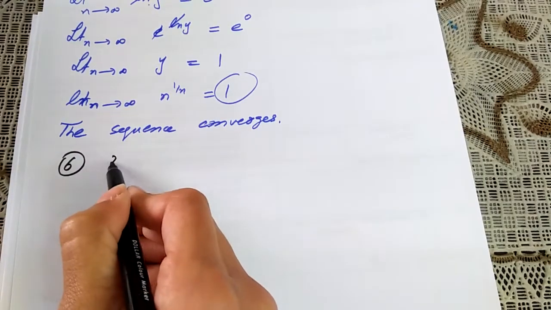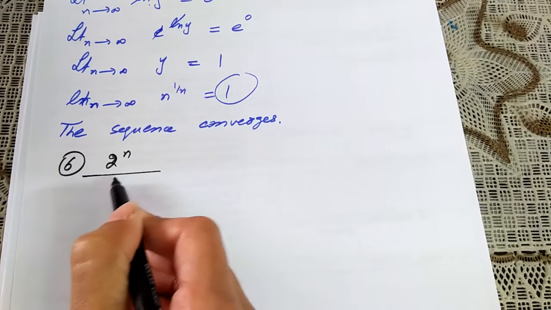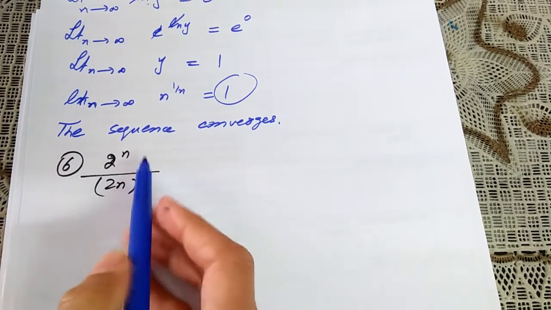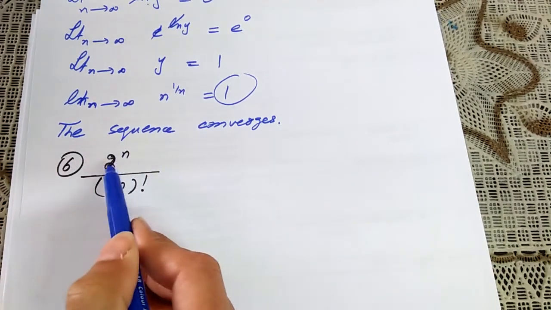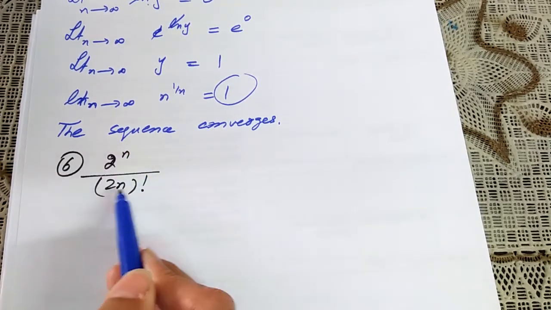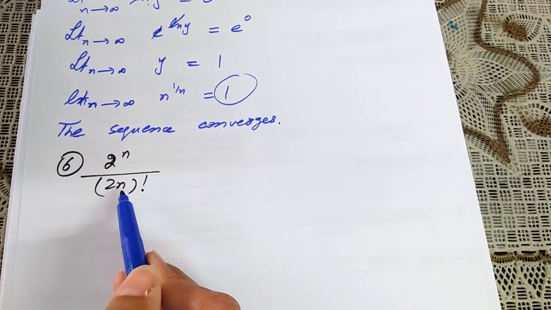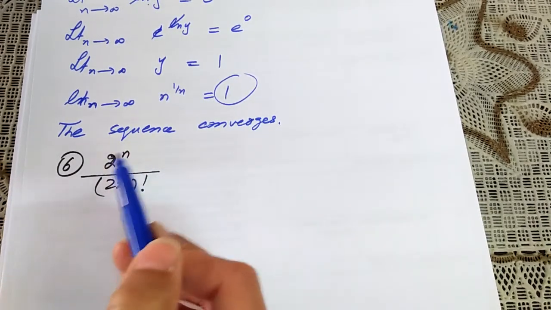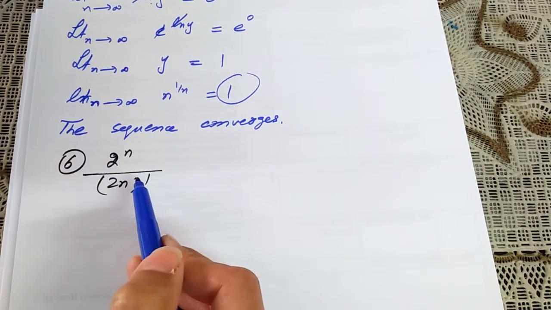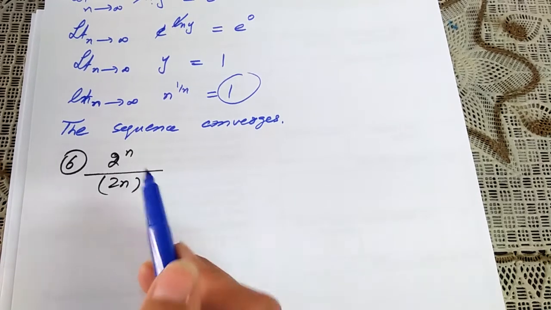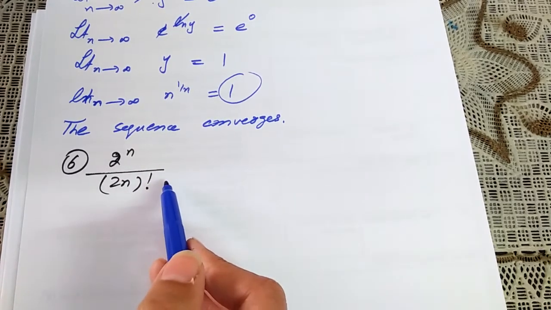In question number 6 you have 2 raised to power n over 2n factorial here. In the questions in which we have in the numerator the power function, in which we have that main variable in the power, and in the denominator we also have that main variable, in these kinds of fractions and powers, the ratio test is the best test that decides whether the sequence converges or not, and that will give you the best answer of your limit easily.